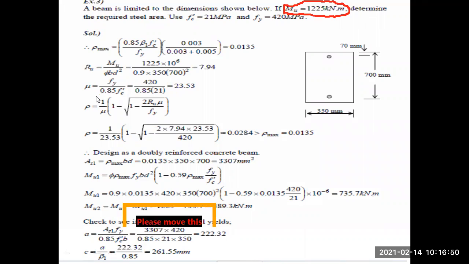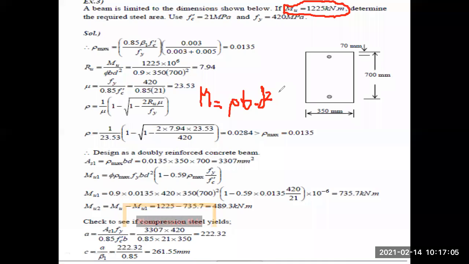Using rho max, the moment equals phi rho b d square fy times 1 minus 0.59 rho fy over f sub c prime.